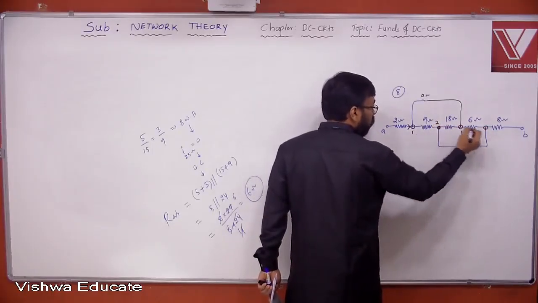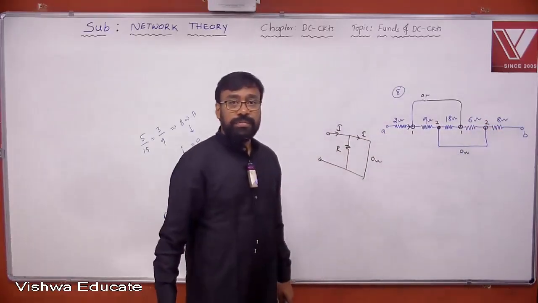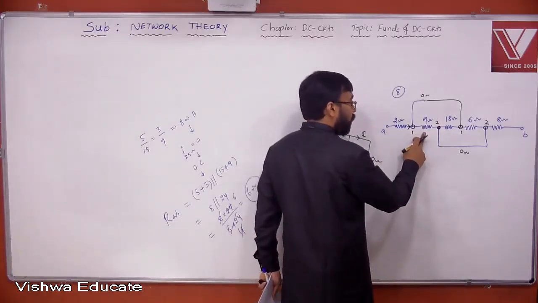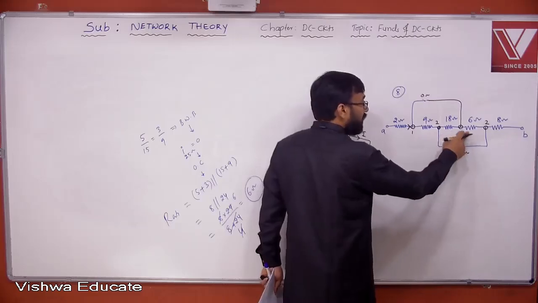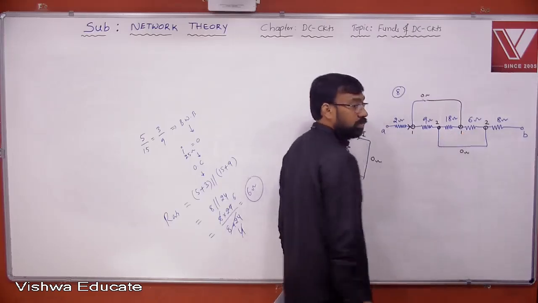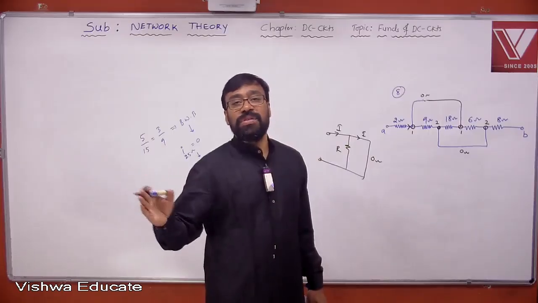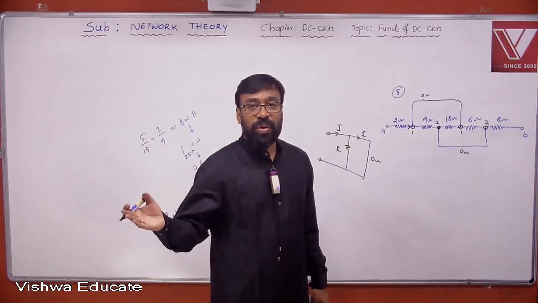If I say this is 2, this is also 2. Now look at this. This element is between 1 and 2, this element is between 1 and 2, and this element is also between 1 and 2. All elements are sharing a common pair of nodes.